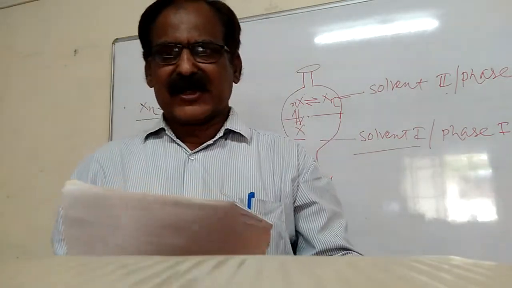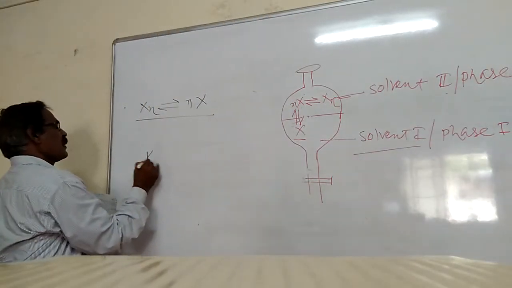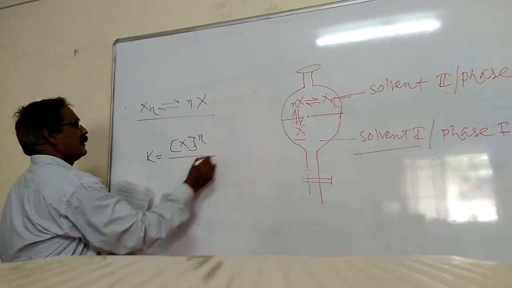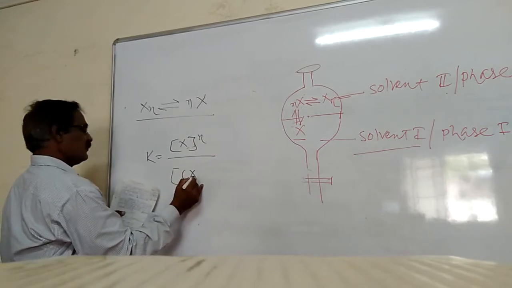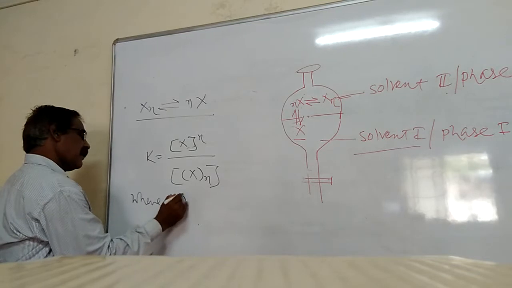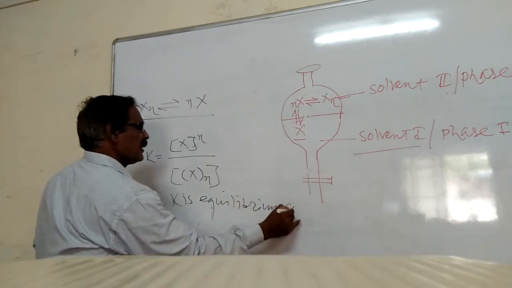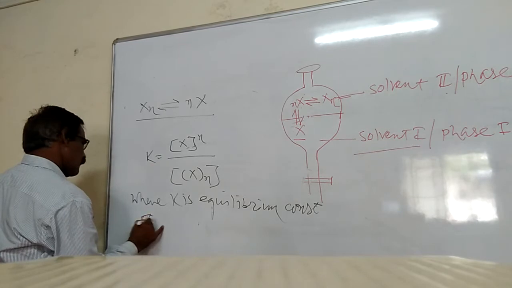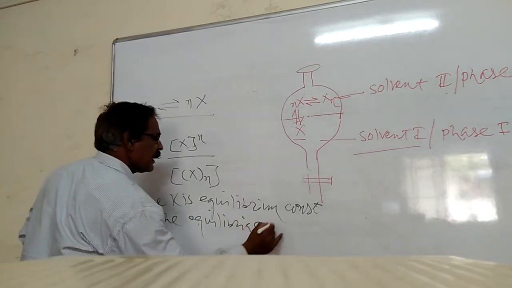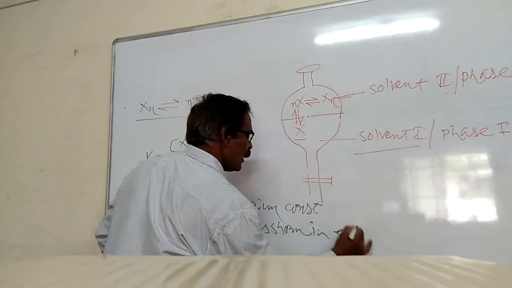When we apply the law of mass action, or the law of chemical equilibrium, to this equilibrium, we get K equal to the concentration of X to the power n upon the concentration of Xn, where K is the equilibrium constant of the equilibrium shown in equation 1.